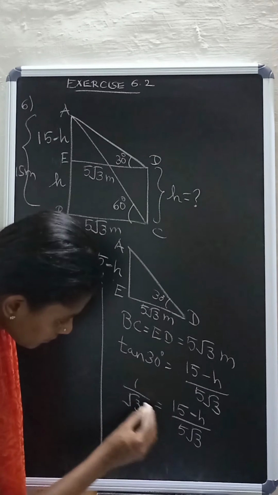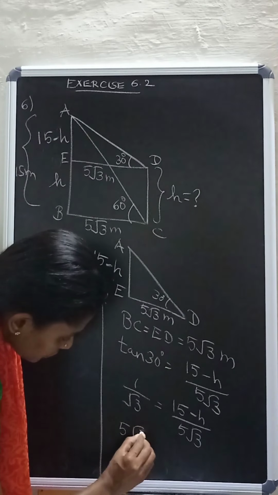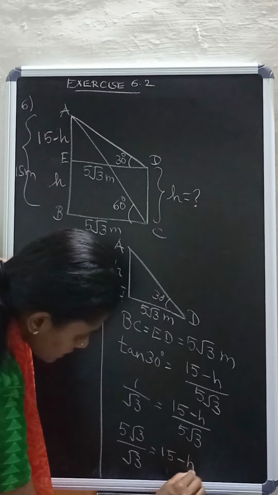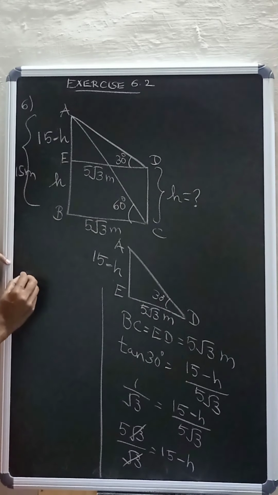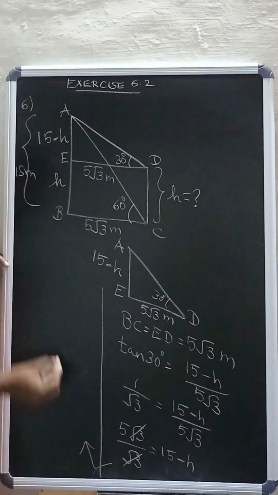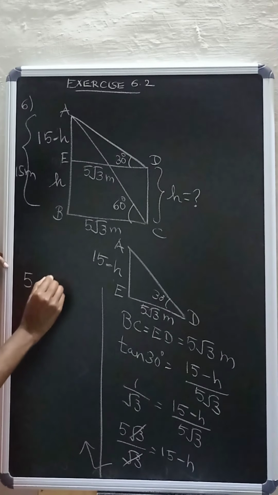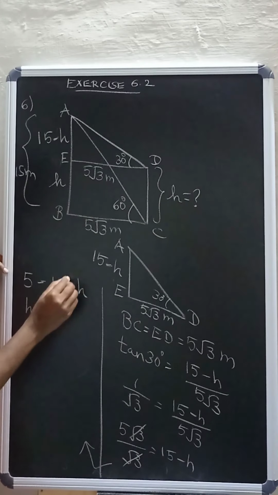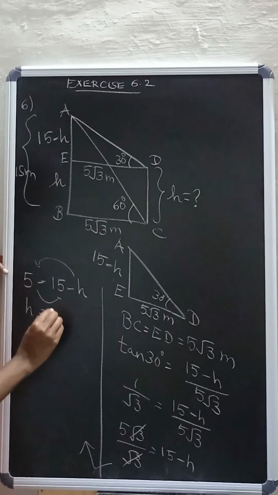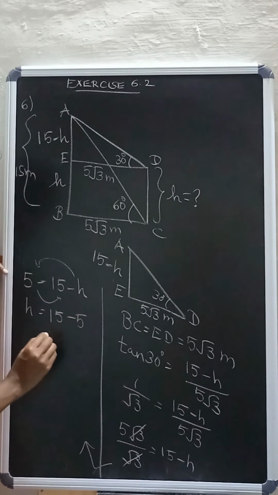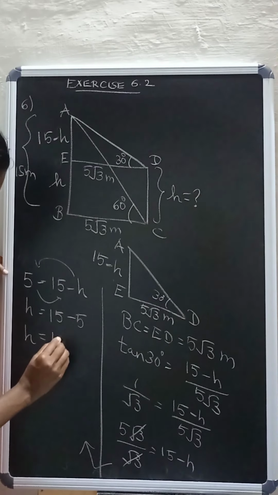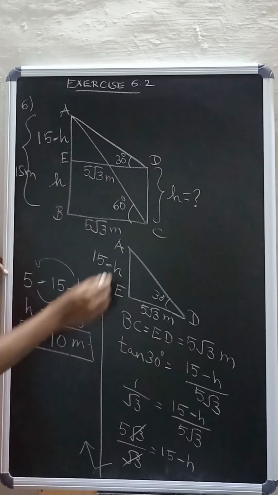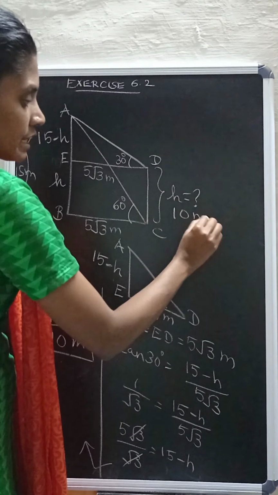Now cross multiply. 5 √3 divided by √3 is equal to 15 minus h. √3 and √3 get cancelled. 5 is equal to 15 minus h. So h is equal to 15 minus 5. h is equal to 10 meters. So the height of the electric pole is 10 meters.